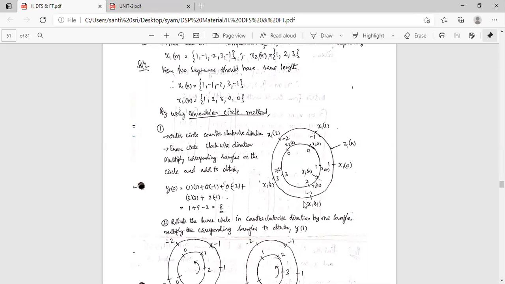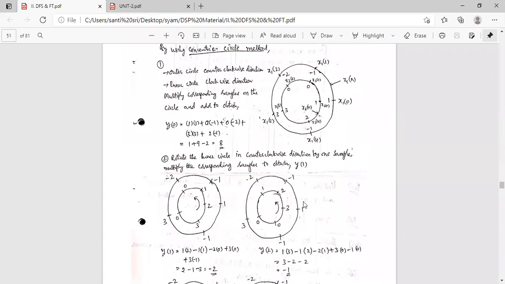How to get y of 1, y of 2, y of 3, y of 4? y of 1 will be obtained by rotating the inner circle in counterclockwise direction, that is anti-clockwise, by one sample, and multiplying the corresponding samples. So the inner circle is rotated by only one sample, and the outermost circle elements will not change.